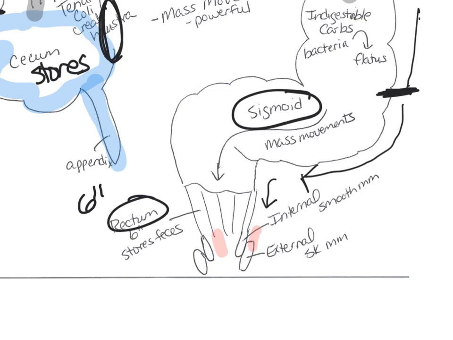Then we have the external anal sphincter muscles, and those are skeletal muscles that guard the anus, and they're going to stay closed until you voluntarily open them. In the lamina propria and the submucosal layers of the rectum, there is a network of veins, and when those veins become distended, that's called a hemorrhoid.